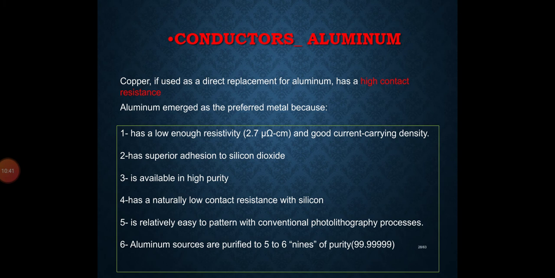Number two, it has superior adhesion to silicon dioxide, is available in high purity, has a naturally low contact resistance with silicon, and is relatively easy to pattern with conventional photolithography processes. Aluminum sources are purified to 99.999 percent purity.